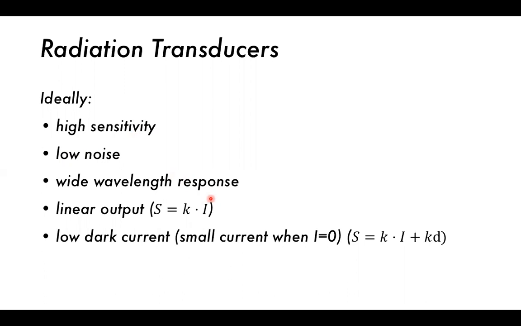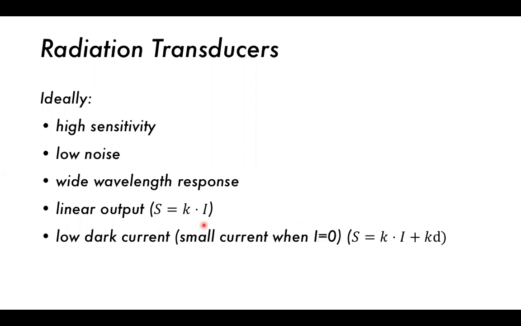It's not very good if it's only usable over a narrow range. Like, how do we use it for different samples? It should have a linear output. So the signal that is received should be proportional to the intensity of the light which is incident, and it should have a low dark current. So the small current when the intensity is zero. So really, hopefully we're not measuring anything whenever the intensity is zero.